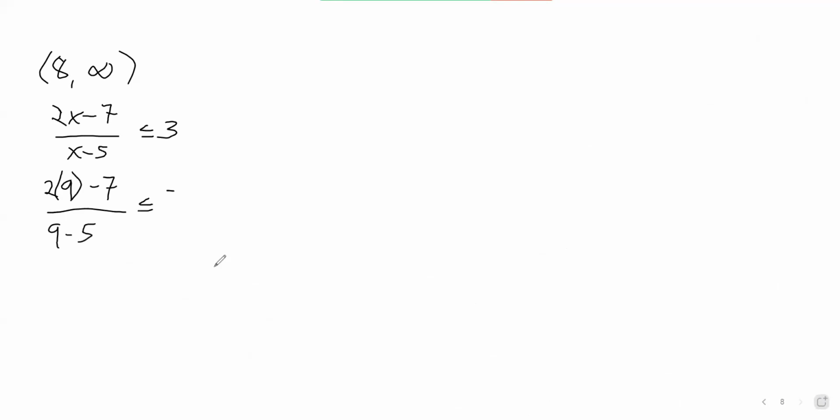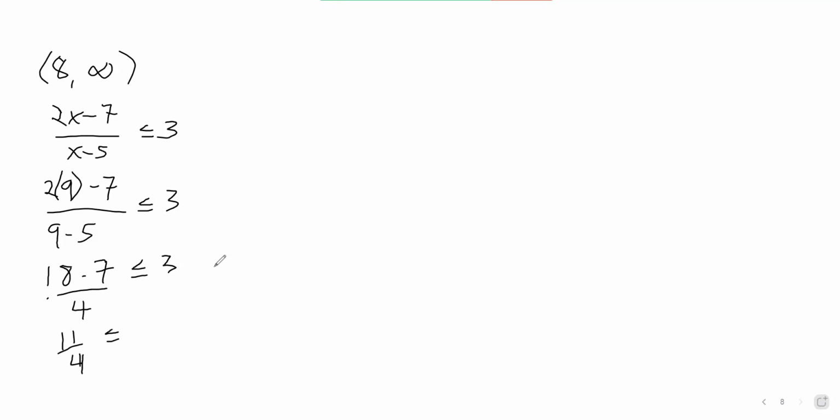That is 18 minus 7 over 4, which gives us 11 divided by 4.